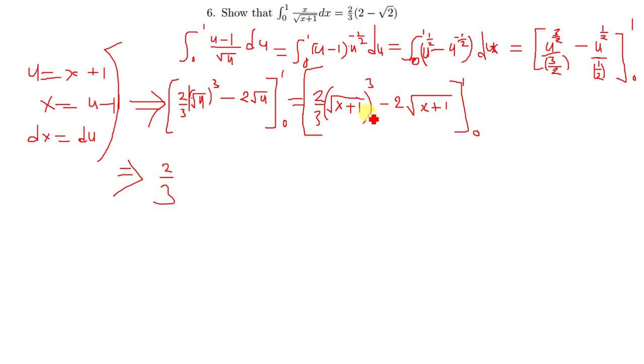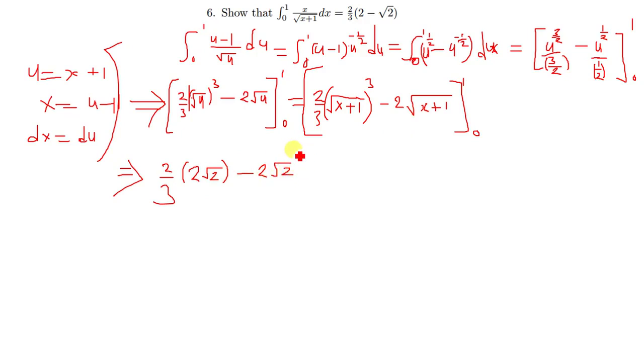The square root of 2 to the power 3 is the square root of 8 in short, which is just the same as 2 root 2, and then you get minus, you put 1 there, you're going to get 2 root 2.